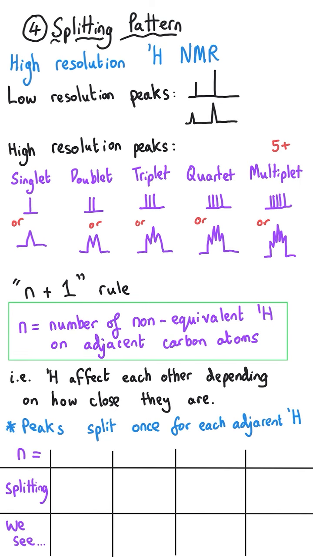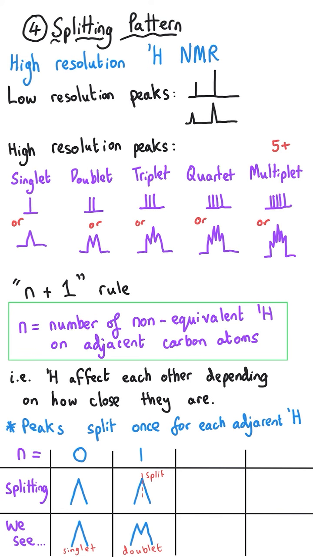And so if there are no protons on the adjacent carbon atoms, this will be a true singlet, which will look like this. If there was one hydrogen on an adjacent carbon atom, N+1 becomes 2, and we're going to see a doublet. And you can think of it as a literal split to the simple triangular peak, and that's why we end up with the doublet peak.